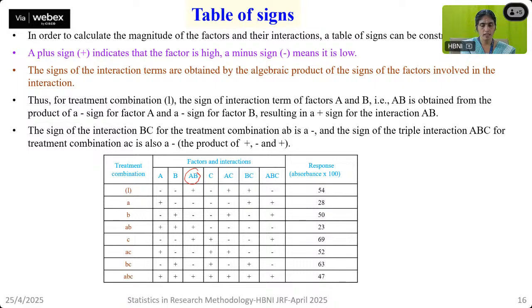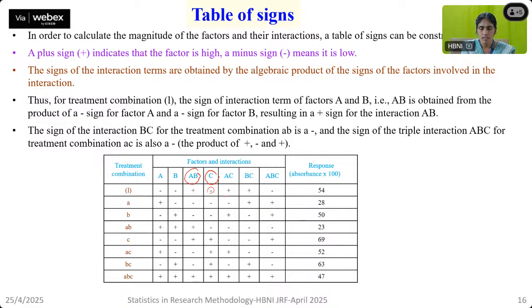If there is a combination, for example, in low, we have seen that both are low. That means both are negative. Then it will be a mathematical product of their signs. Minus into minus, it will be plus. And if you are keeping the C value high, then it will be C value low, then it is singularly minus. When we take low values of either A and C, minus into minus becomes plus.